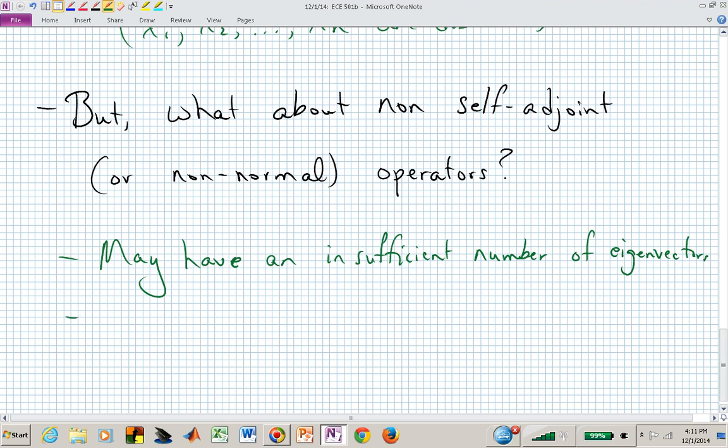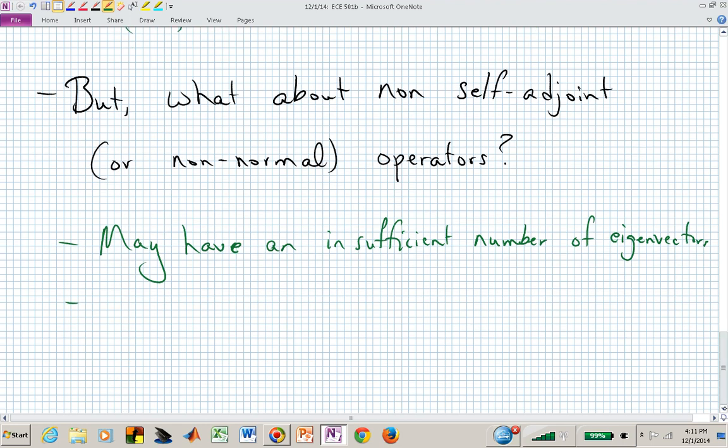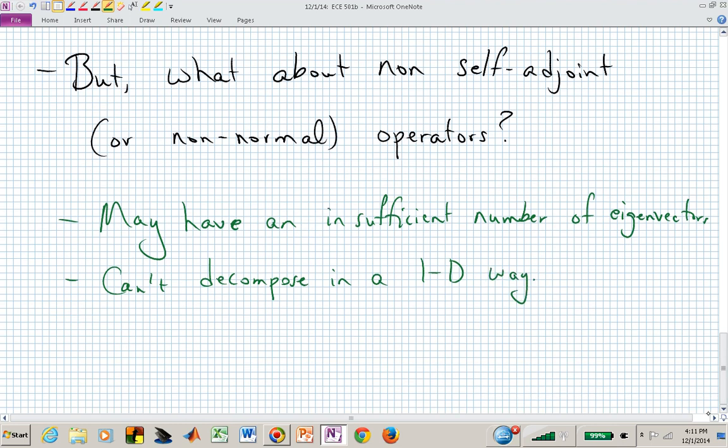Meaning we may not have n of those if the dimension of the vector space is little n, which means we can't decompose into this collection of one-dimensional subspaces. We can't decompose in a one-dimensional way, and we may not be able to diagonalize these operators.